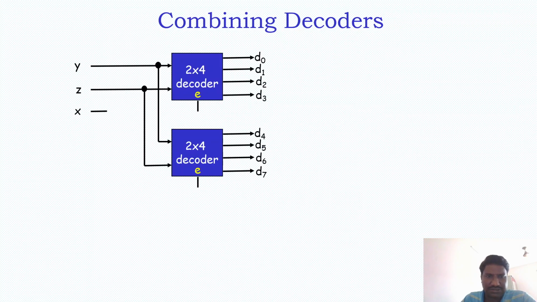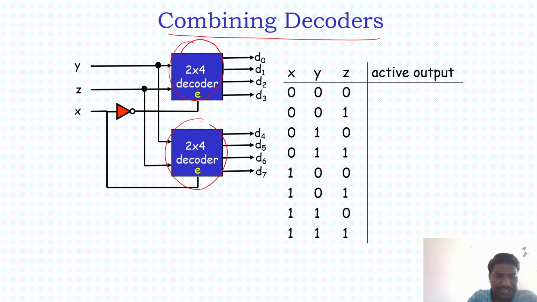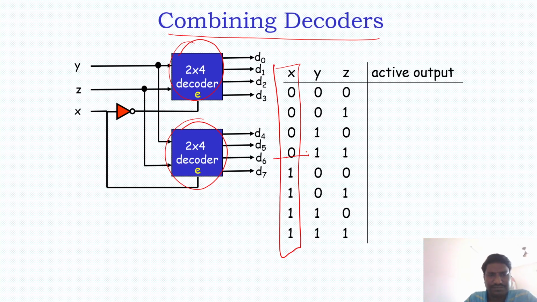Combining decoders. So we are using enable to combine. See here, combining decoders. What we are doing? 2 to 4 decoder combined with 2 to 4 decoder. We have two inputs, same inputs we are using for both. We are getting an MSB. What is that? MSB is X. So when it is 0, upper decoder will work. When it is 1, lower decoder will work.